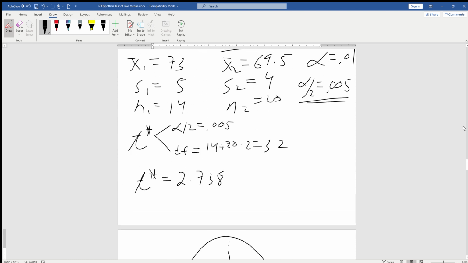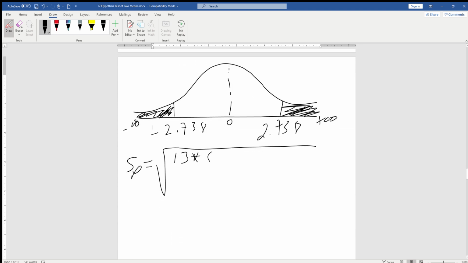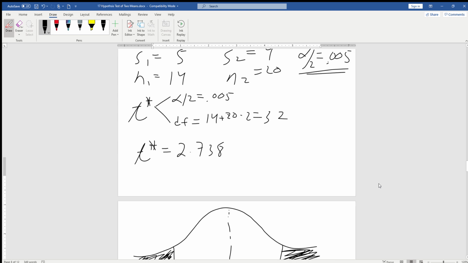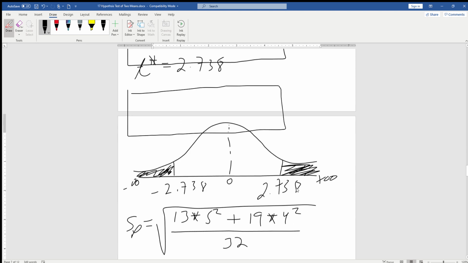So that's 14 minus 1 times 5 squared, plus, remember N2 was 20, so 19 times 4 squared, and then we divide that by 32, which is N1 plus N2 minus 2. Just substitute back in from these values to find what S sub p is.